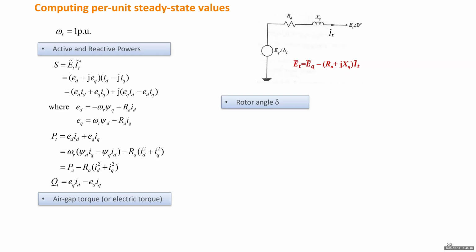The second item means the power consumed by the resistance of the stator. And the first item really means the electric power generated by the source. So PE is actually electric power coming from this EMF. Then some power will be lost due to the resistance, and at the terminal, you only receive PT. Also, we know the imaginary part of complex power will be QT, which is the reactive power.